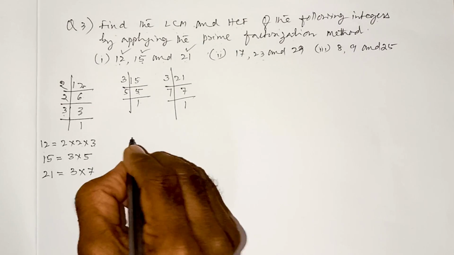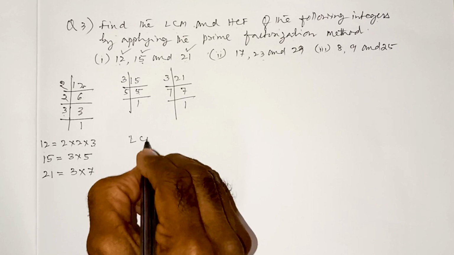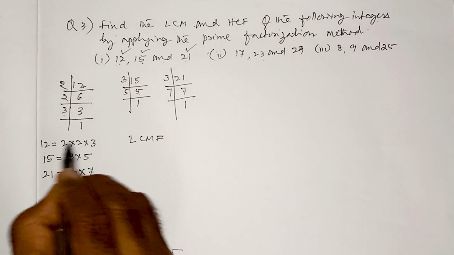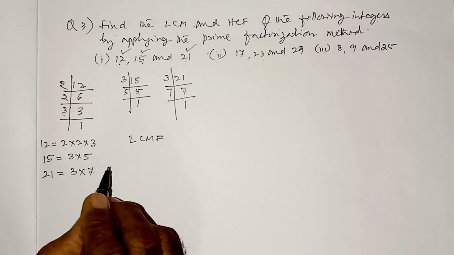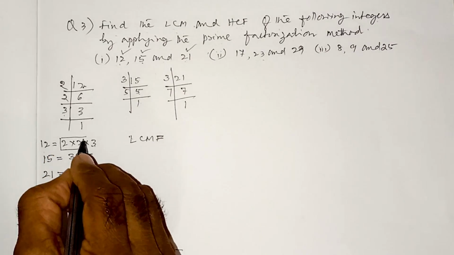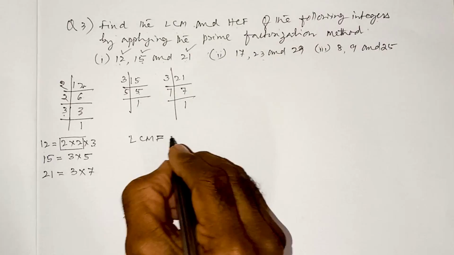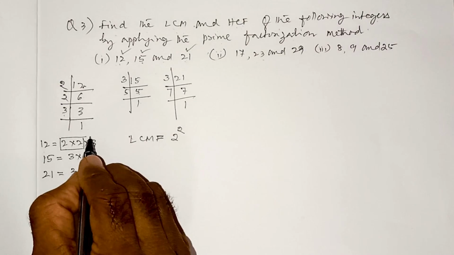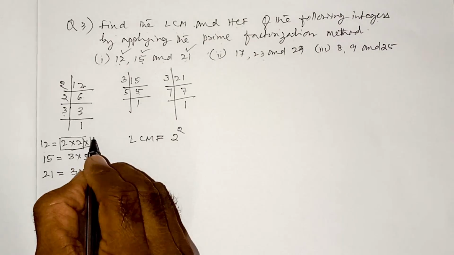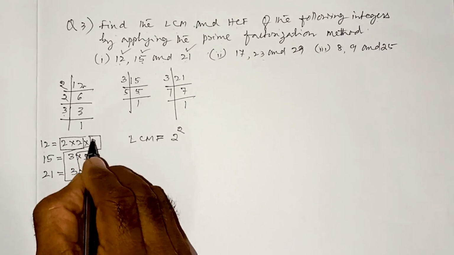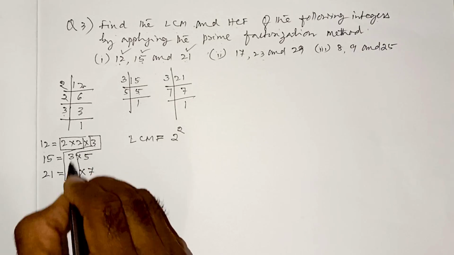How to find out LCM? You know very well, LCM is equal to whichever is the highest power here, that you take. For example, here we have 2 square. That 2 square you have to write down here. And you have 3 in common, that is here and then here. So you need to write only one 3, not all the 3s.